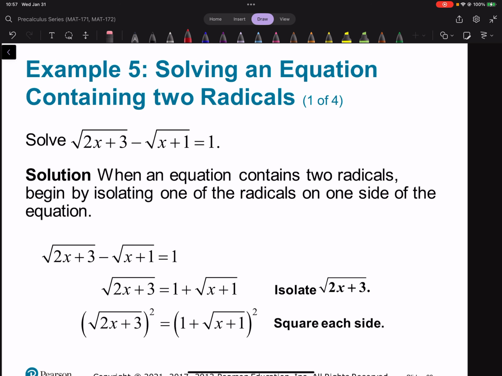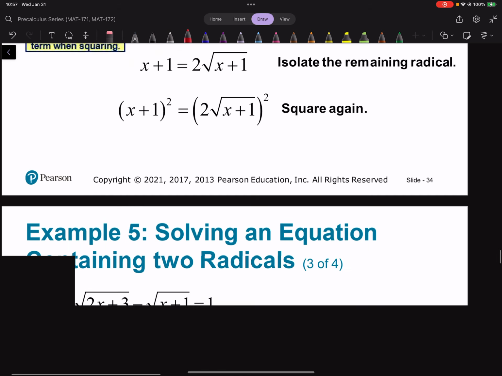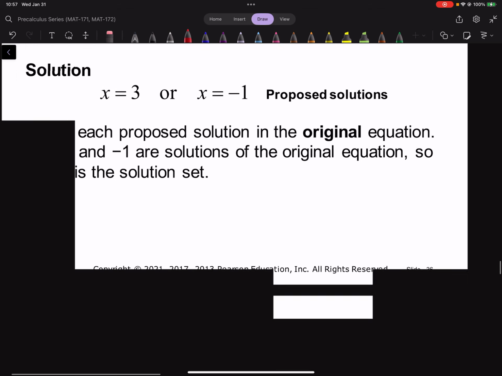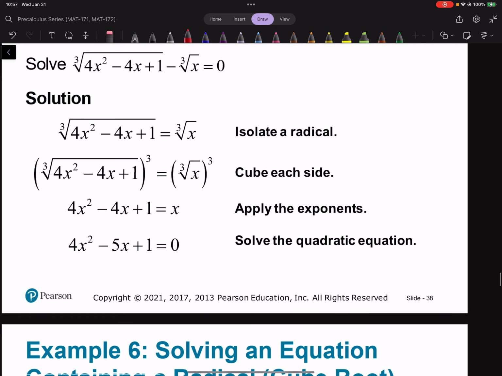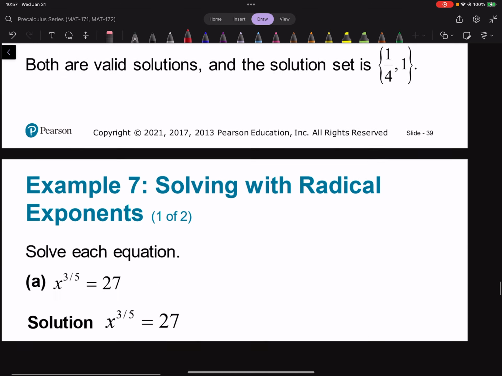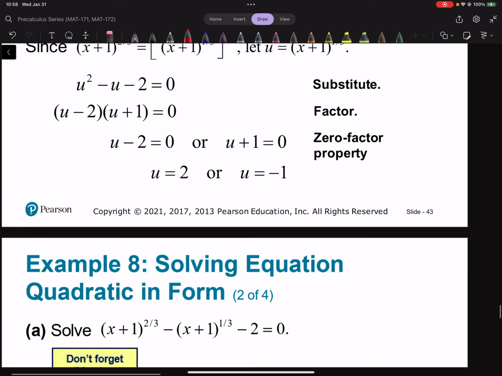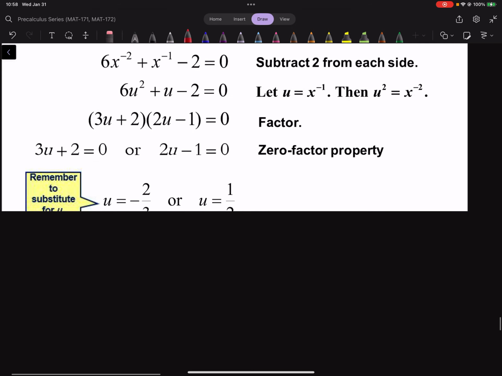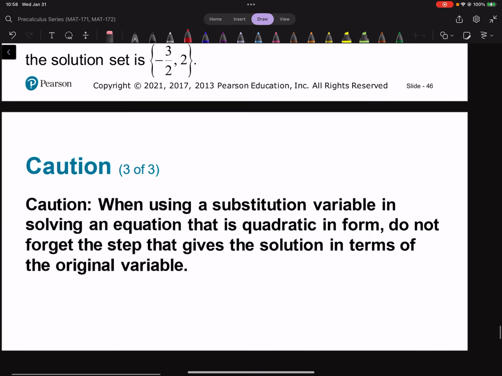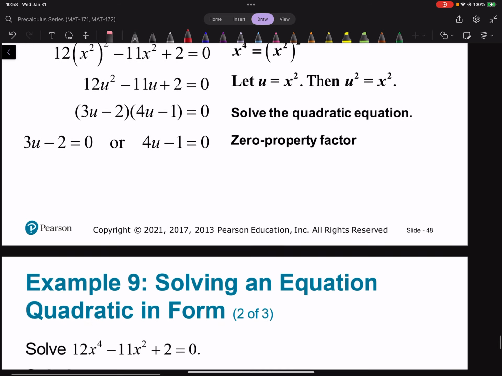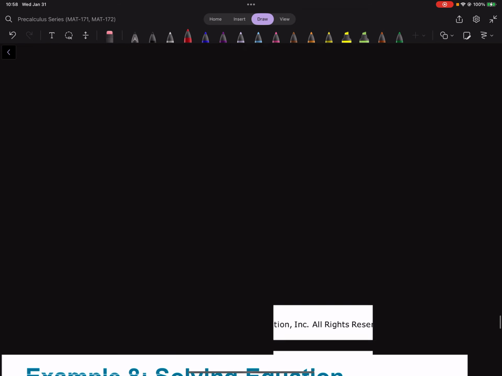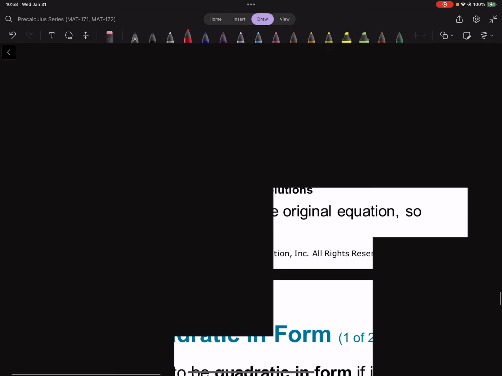All right, so we have examples. Let's see how many examples we have. We have 5. Do we have 6? I'm sure we have 6 too. 6, 7. And we have some U substitution with 8. I think 8 is the last one. No, we have 9 too. They're all U substitution. We'll talk about U substitution in a separate video.